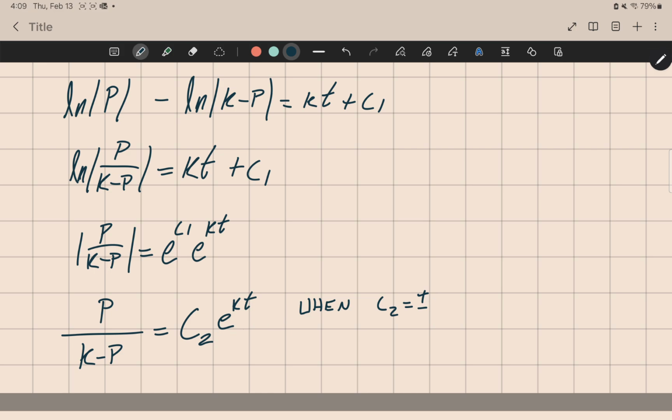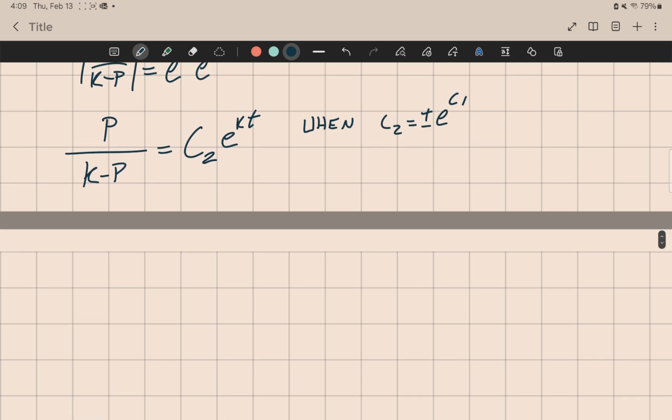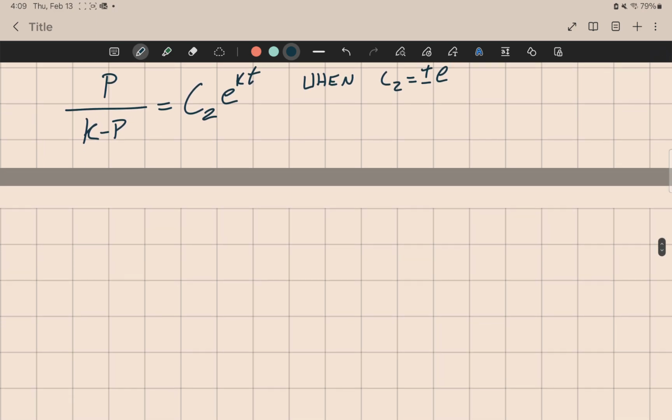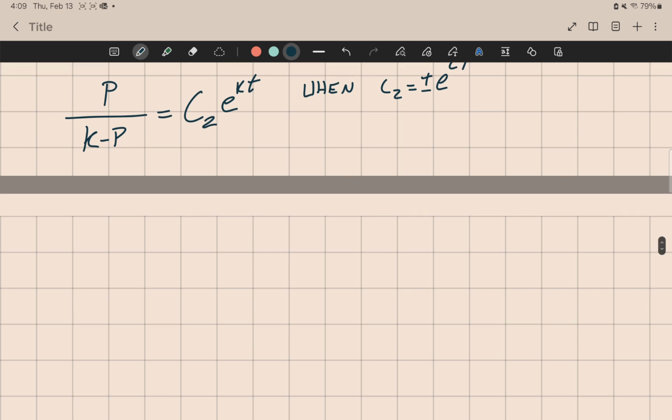So c2 is equal to plus or minus e to the c1. So we had our first constant change there. Fire up a new page, and we're going to keep going.